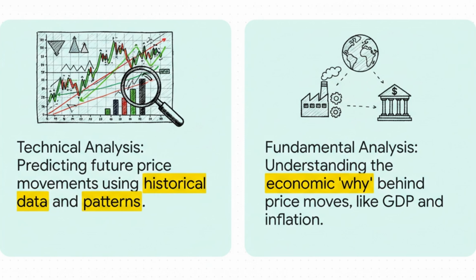They live and breathe price history, looking for patterns, trends, any signal in the data that might hint at what's coming next. Then, on the other side, you've got fundamental analysis. These folks are asking why. They're looking at the big picture stuff, GDP, inflation, company earnings, to figure out an asset's true value. So it's really the difference between asking, what is the price doing, versus why should the price be doing it?